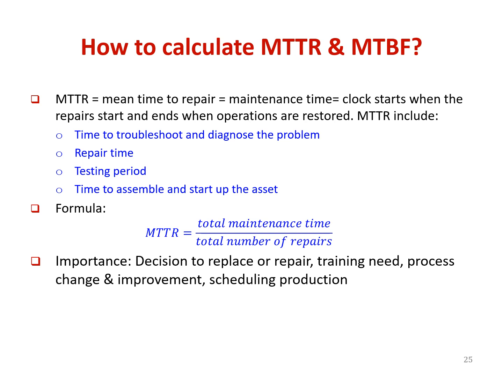This indicator is important to make decisions on whether to replace the equipment or proceed with repairing from time to time, whether there is a need for training, process change or process improvement, and also to make some adjustment in the production scheduling.